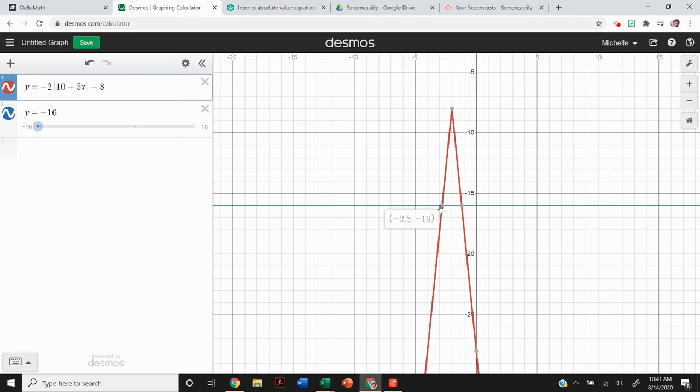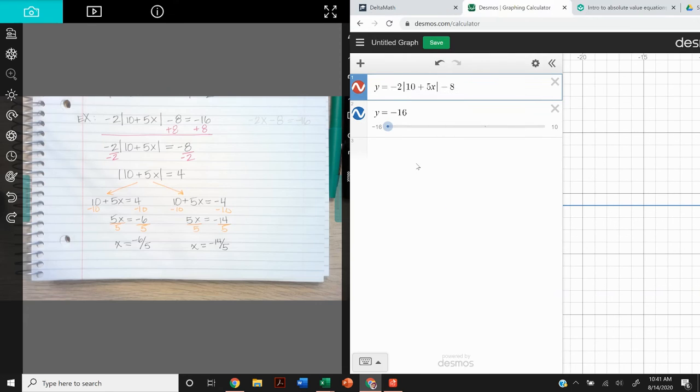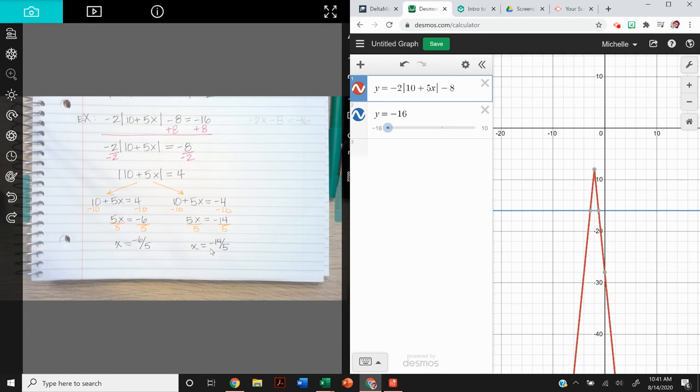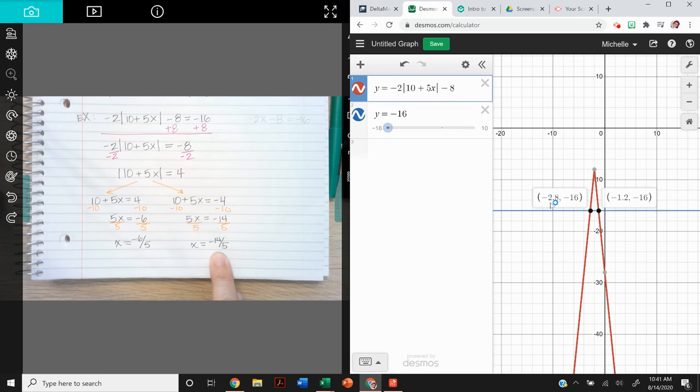If I click it here and here, I get negative 2.8. Let me re-click those so you can see. Negative 2.8, that's this one here.